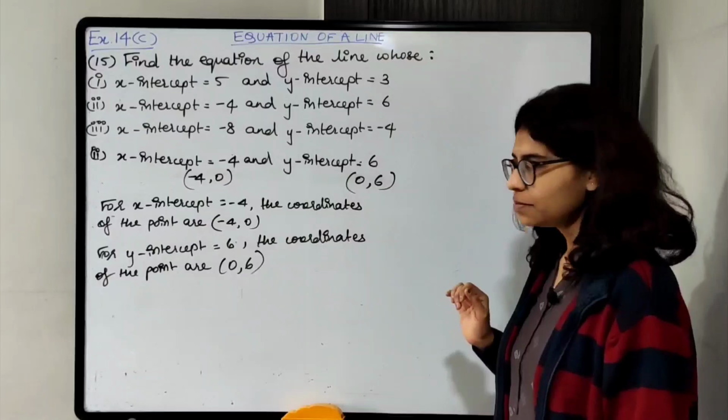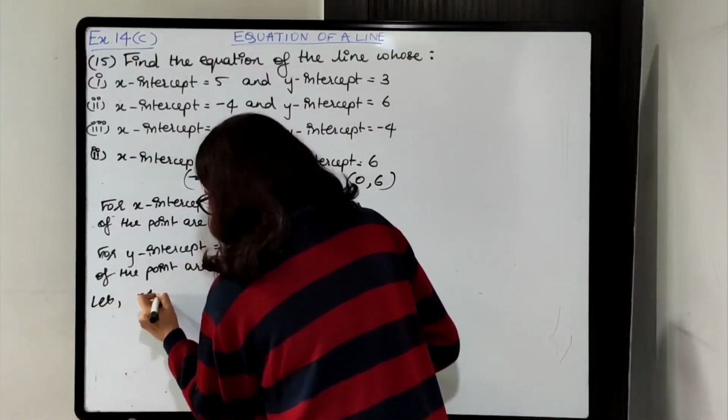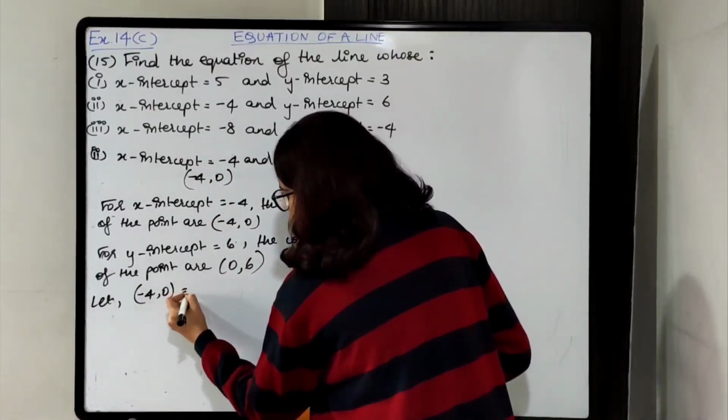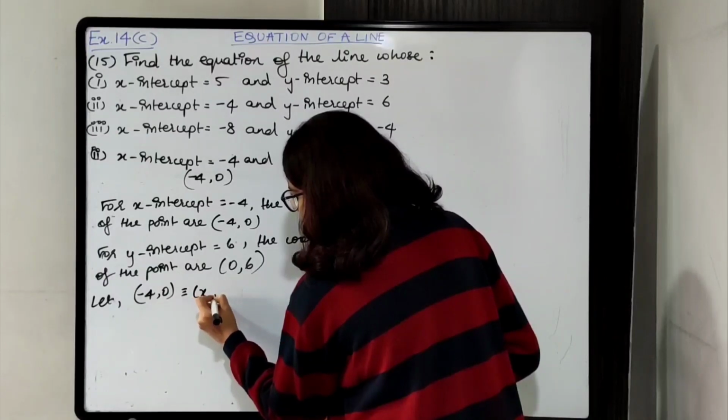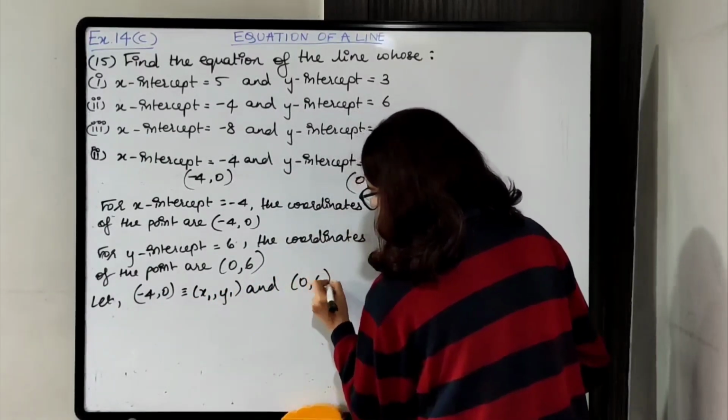Okay, now let minus 4 comma 0 be x1 y1 and 0 comma 6 be x2 y2.